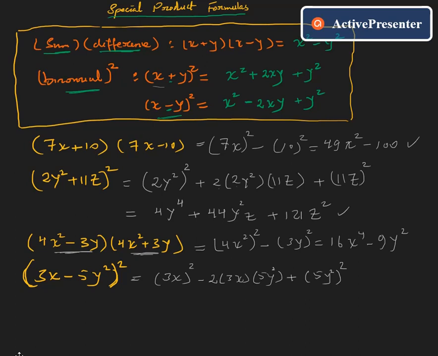Here should be square, because here it is square, the second term. So the final answer should be 9x squared, 2 multiplied in 3 multiplied in 5, it means 6 multiplied in 5 should be 30xy squared plus 5 squared is 25, y squared to the power 2 is y to the power 4.